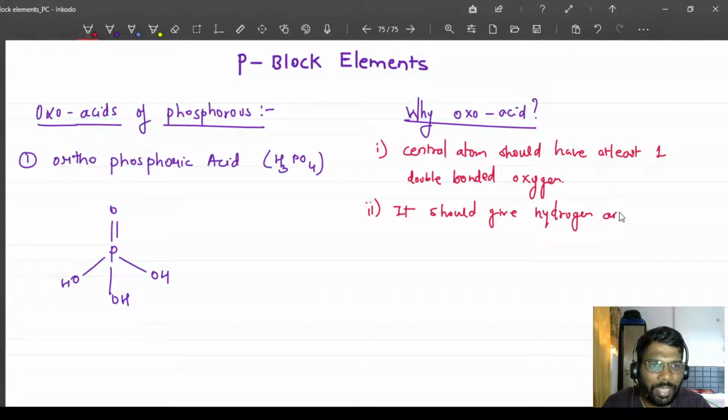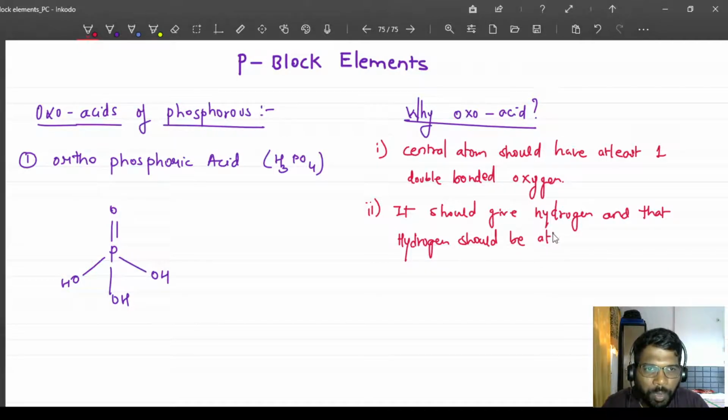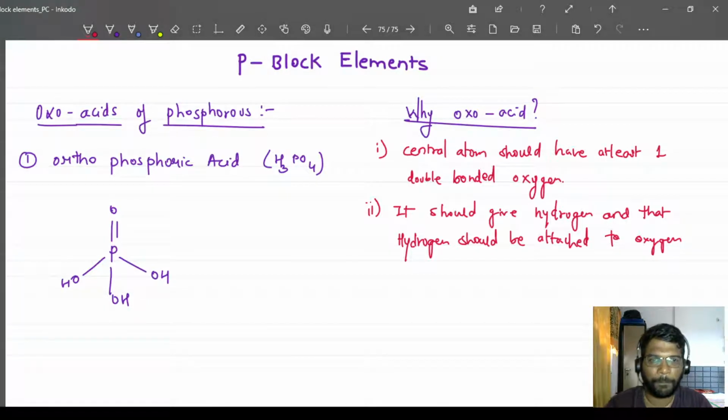And that hydrogen should be attached to oxygen. The central atom should compulsorily have one double bond. So these are the things about the oxoacid.